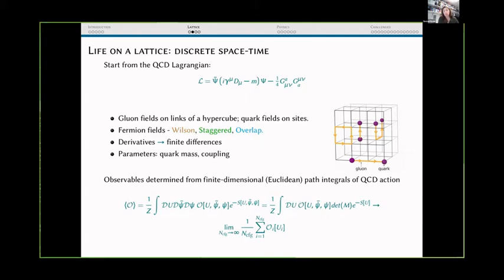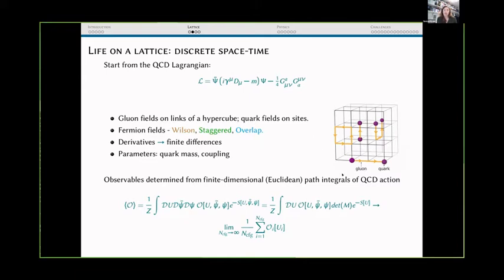So the observables for meson spectroscopy, these might be two-point correlation functions, are determined from a finite dimensional path integral, because the theory has been discretized on a finite hypercube.